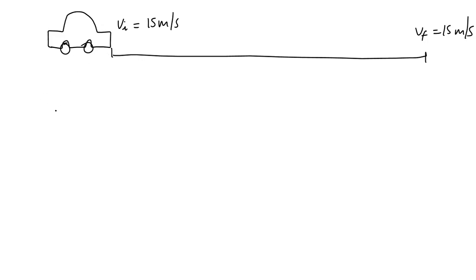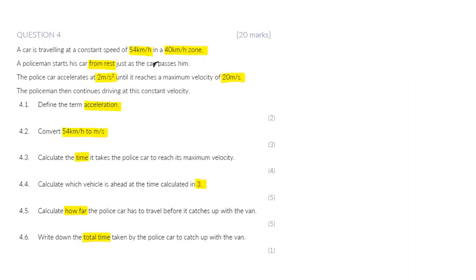Then we have the police car, and the police car's motion consists of 2 parts. Let's just give him a siren. Initially it starts off with a 0 velocity because they say it starts from rest. Then it accelerates at 2 meters per second squared until it reaches a velocity of 20 meters per second.